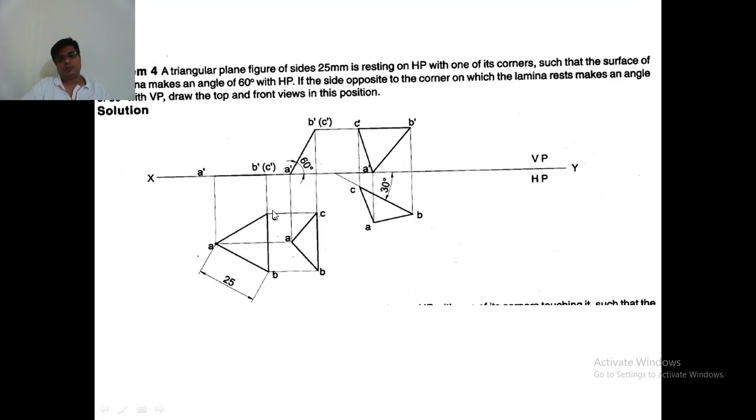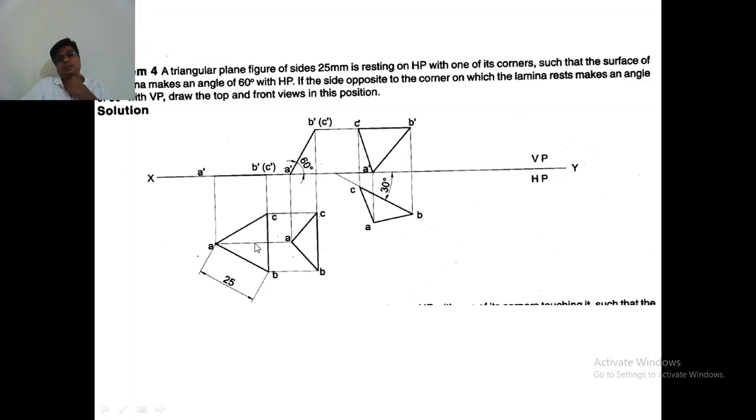Why? Because the length of BC is not reduced. So whatever length BC is there here, it will be same here. So when the length of that BC is same and that edge you are inclining it 30 degree to VP, directly you can draw it at 30 degree. No need to follow the loci method.